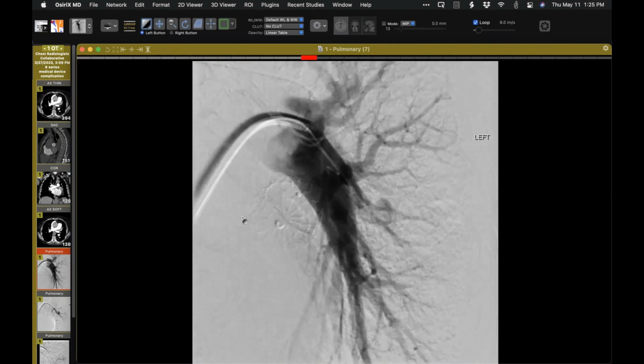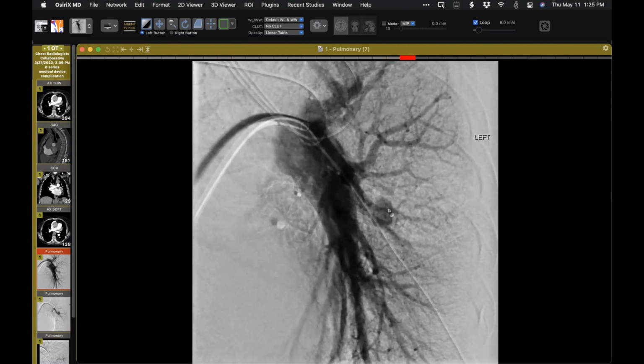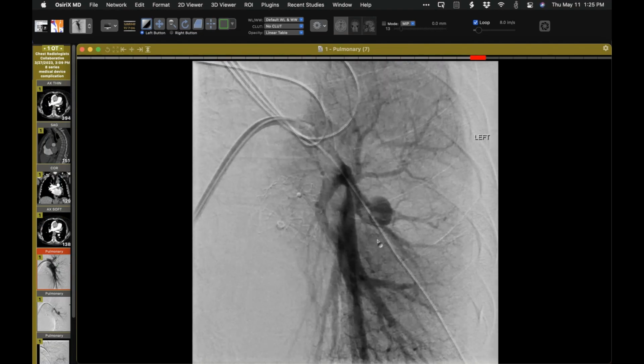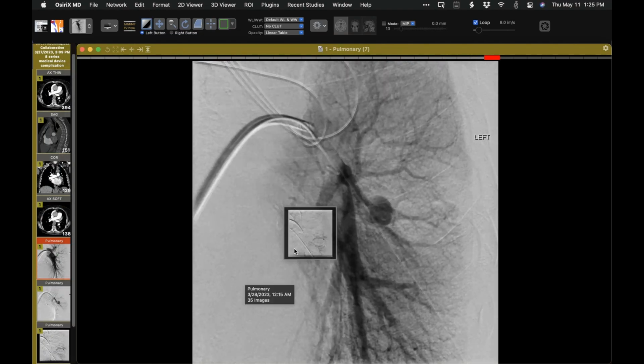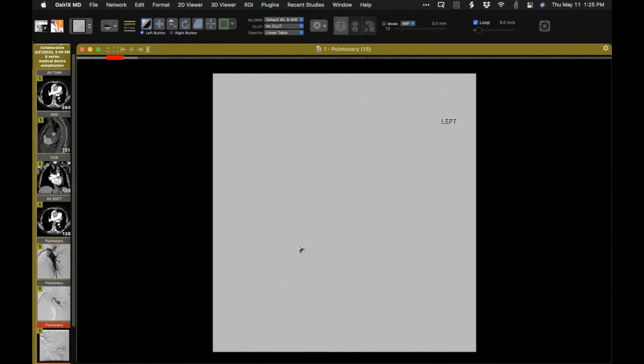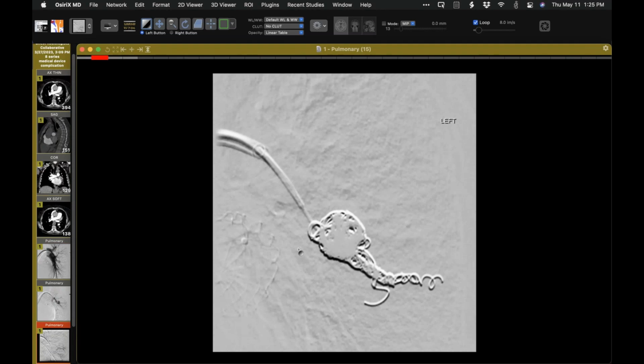Here you can see the lesion right there, and they embolized that, so we should see coils and so on. So an iatrogenic pseudoaneurysm of the pulmonary artery, presumably from a guide wire or something. It wasn't clear to us exactly how that happened, but undoubtedly that's what happened.